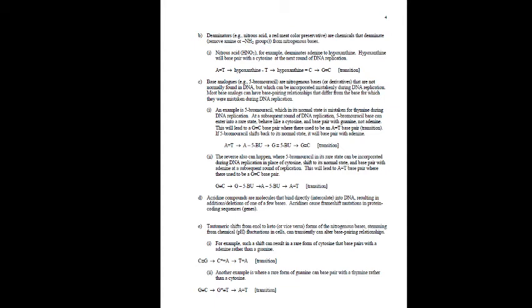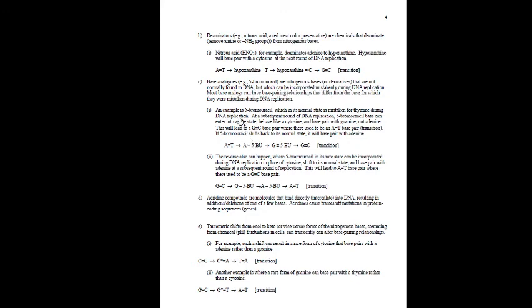Now the deaminators, for example nitrous acid, are chemicals that deaminate or remove the amine group from nitrogenous bases. Base analogues, for example 5-bromouracil, are nitrogen bases that are not normally found in DNA but which can be incorporated during DNA replication.